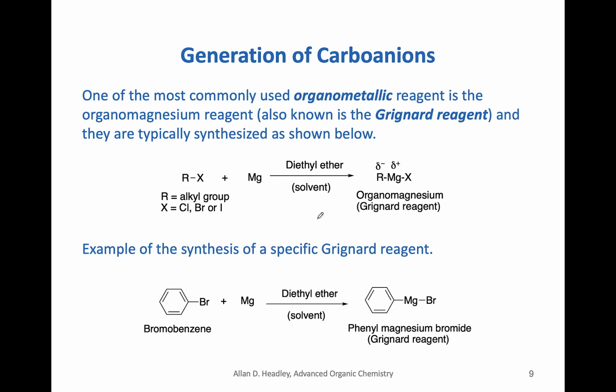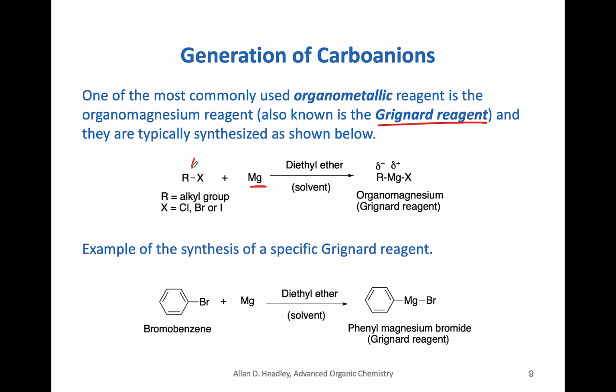Let's look at this one, because this one we're more familiar with, and this is the Grignard reagent. We use this a lot in undergraduate organic chemistry. So here we have RX. Again, X can be chlorine, bromine, or iodine.